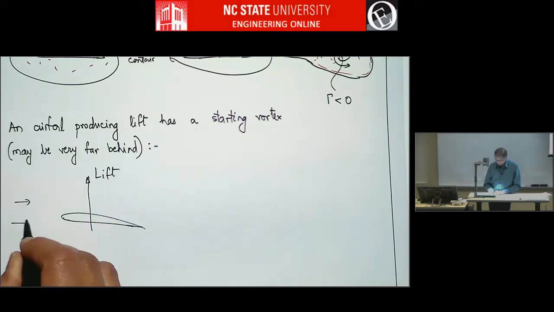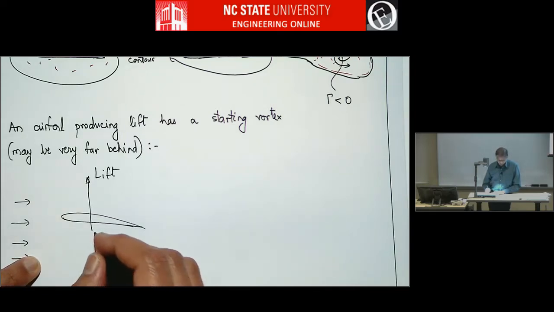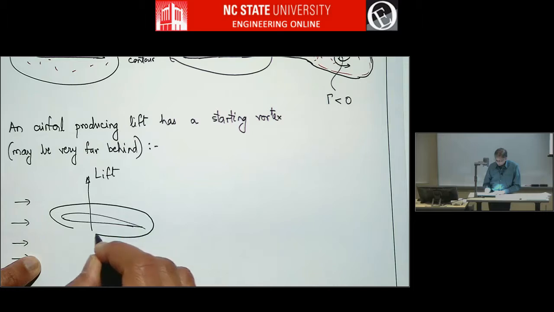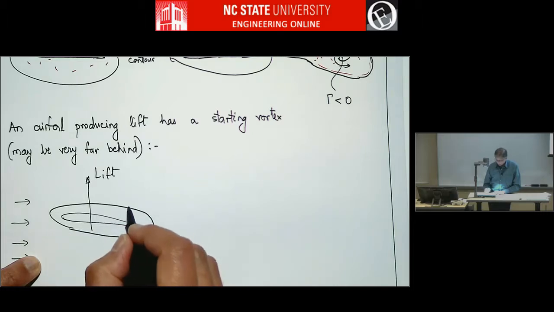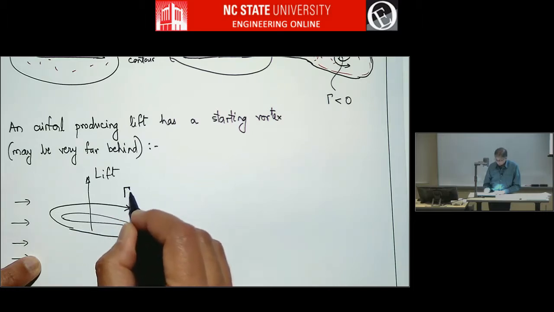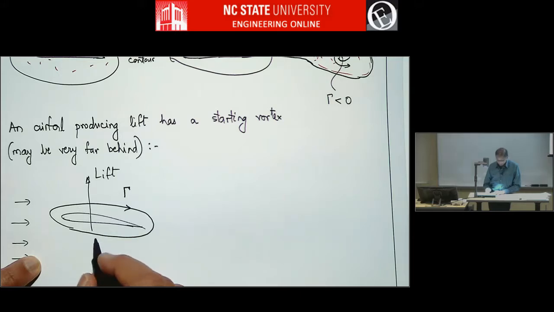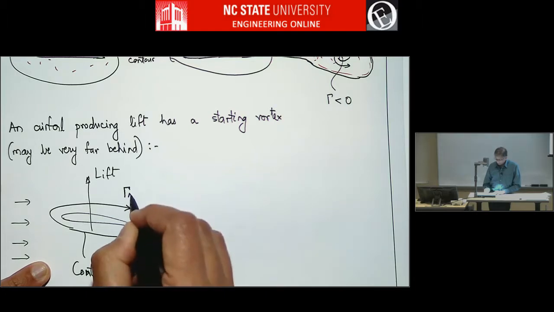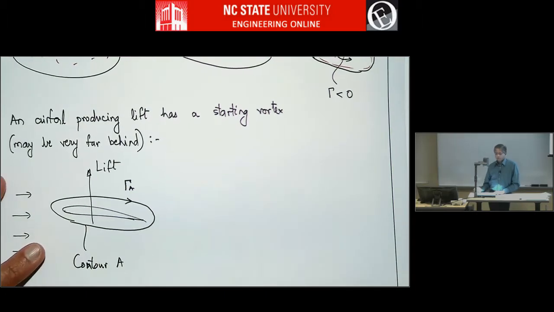This has air blowing past it, and this has a circulation of some value, let's say gamma A. So this contour is contour A, and this circulation is gamma A.